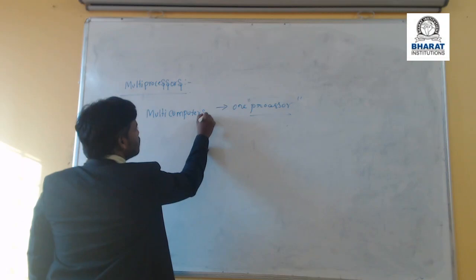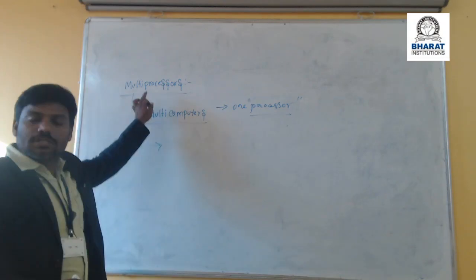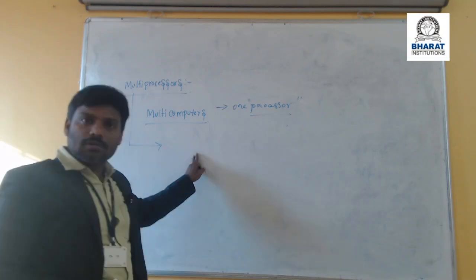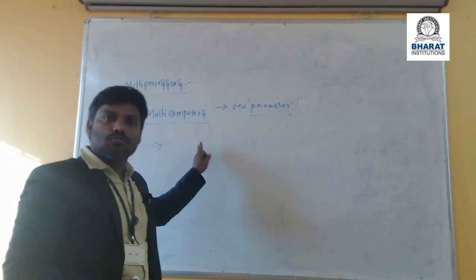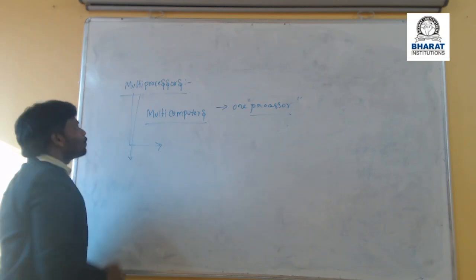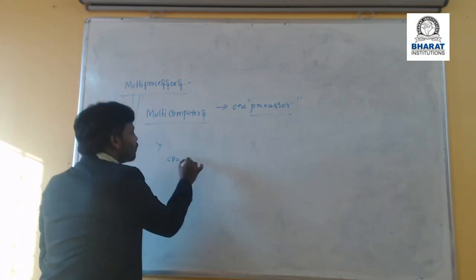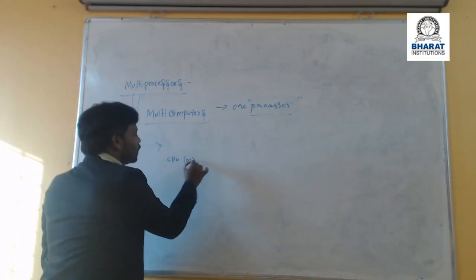Now we know what a multiprocessor system is: the interconnection of two or more processors, or two or more CPUs, with memory and IO equipment. From the multiprocessor system point of view, a processor is a CPU or an IOP.